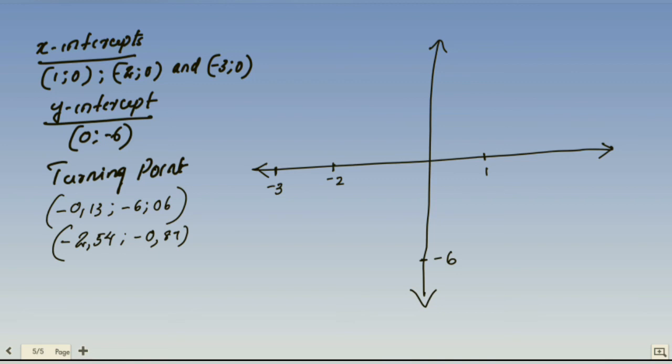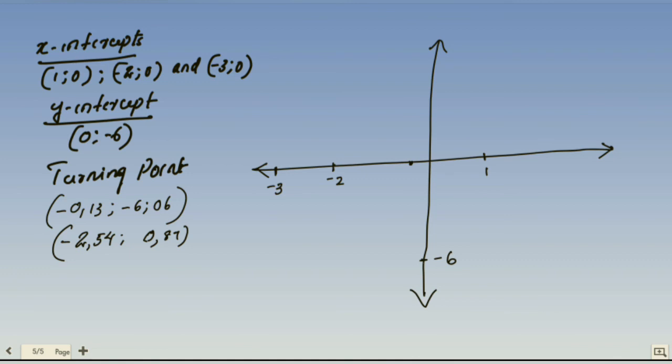0,13. Isn't it? Let's make this positive. Minus 0,13 and minus 6,06. That is, minus 0,13 is a point before minus 1, that is somewhere here, close to the x-axis. Then just down of minus 6 is minus 6,06.